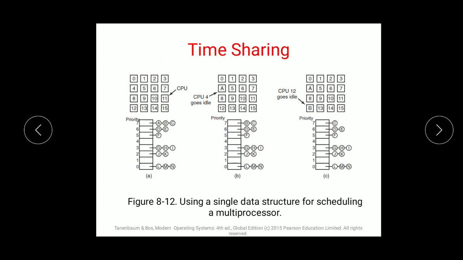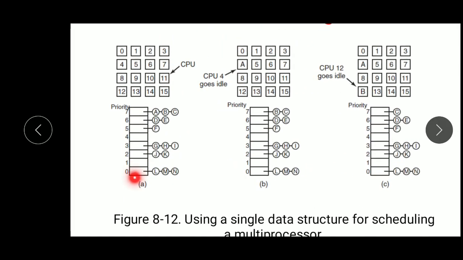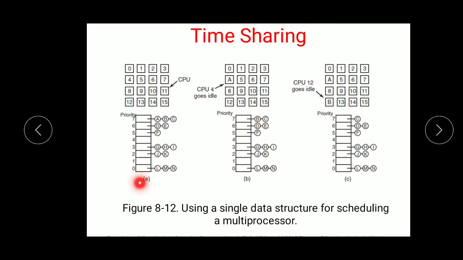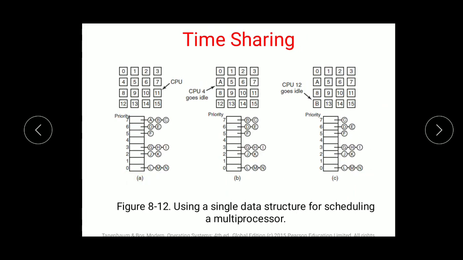As you can see, a scheduling algorithm for handling unrelated threads on a multiprocessor uses a single, system-wide data structure for ready threads. There is thread multiplication, and arrangements are made in such a way that the data can be arranged.